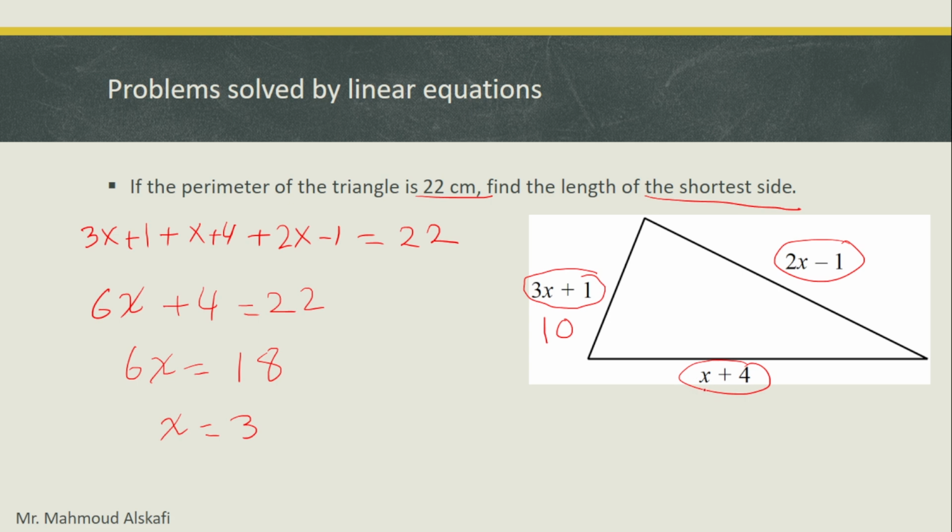In this side, 3 plus 4 is 7. In this side, 2 times 3 is 6, minus 1 is 5. So the shortest side in this case is 5 centimeters.